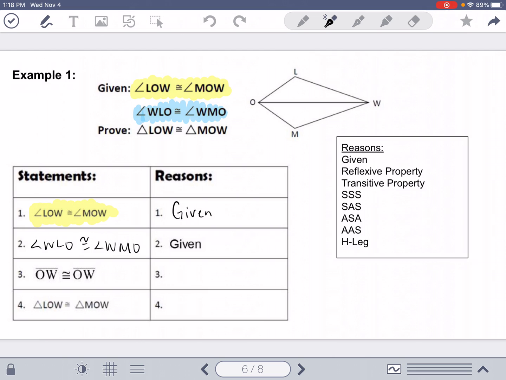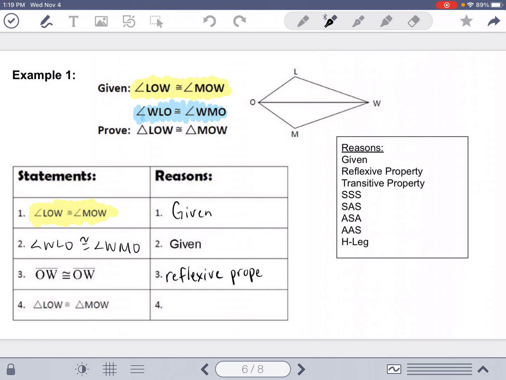Now, OW being congruent to OW, that's our number 3. That's something being congruent to itself. And when you were described this in Algebra 1 or Math 8, your teacher probably referred to it as you looking in a mirror. When you look in a mirror, you see your reflection. So this segment OW being congruent to segment OW would be the reflexive property.